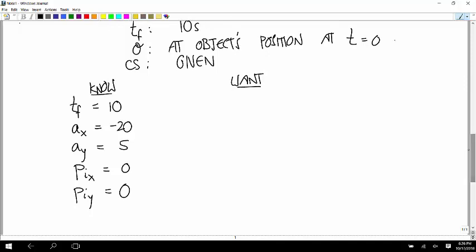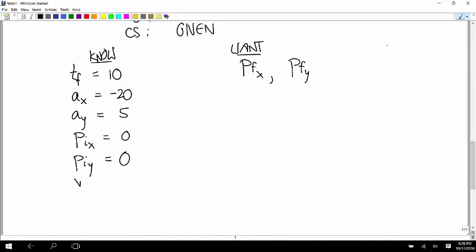And we want to find PFX and PFY. We can do it in any order. We know the initial velocity, VIX, is 30, and VIY is negative 10. We don't know the final velocity.